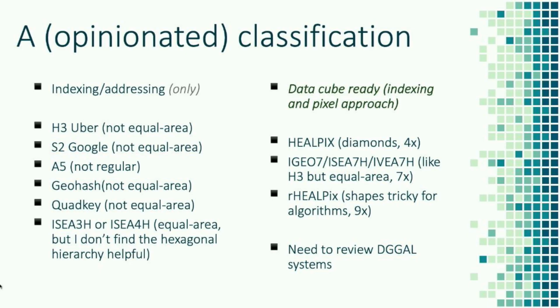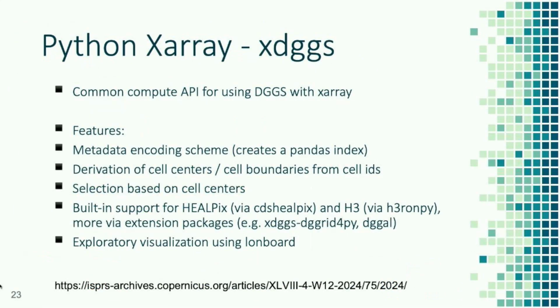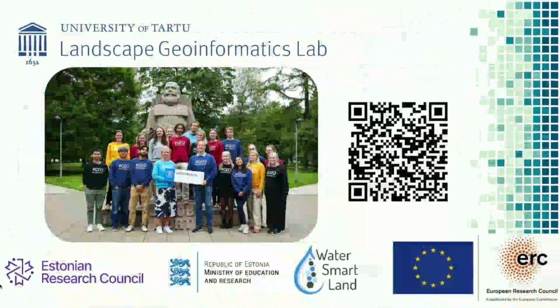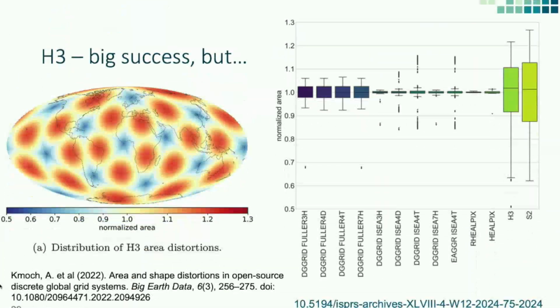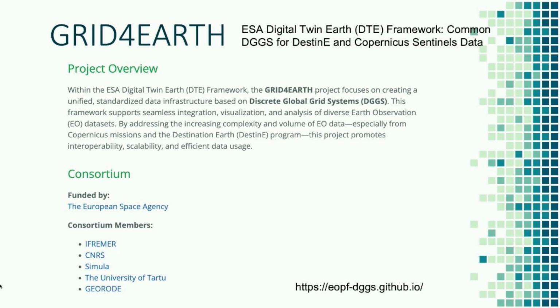But there's a project also currently going on with, for example, ESA. And that project is called Grid for Earth. And there, for example, we look into experimental methods if we would take satellite data, Sentinel-2, at level 1, before it becomes level 2 with the post-processing and the reprojecting.